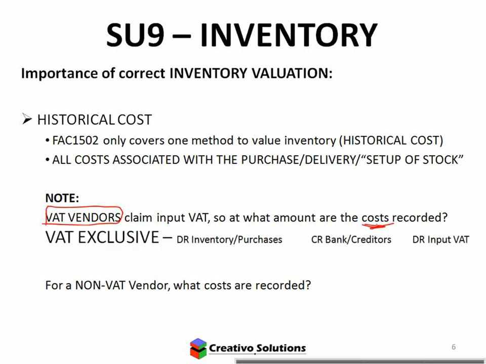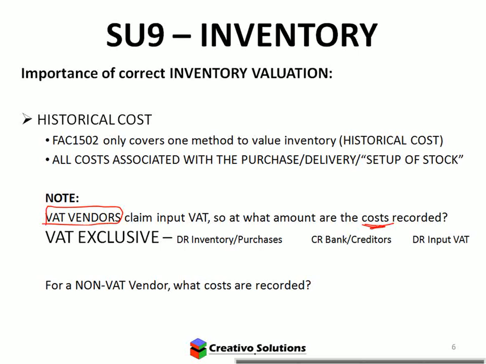VAT exclusive. So your inventory or your purchases are going to be excluding the VAT. Make sure you make a note of that. VAT vendors are going to record inventory or purchases at the VAT exclusive amount. And then you need to do some of your mathematics. Take off the VAT. Take off the 14%.